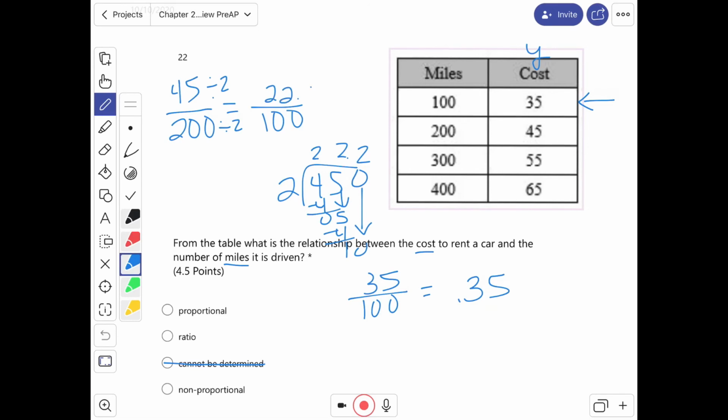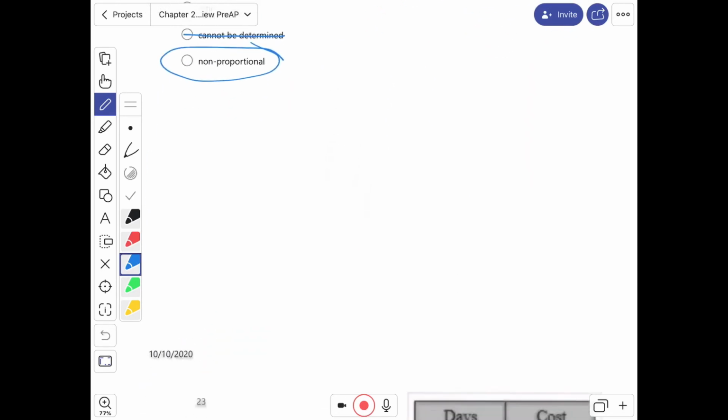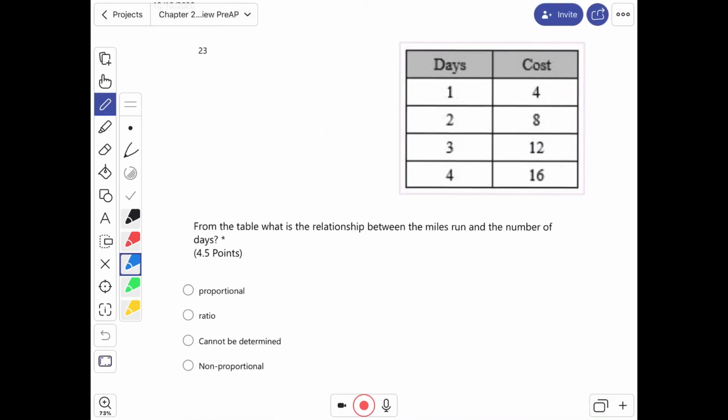So 2.5. So as a decimal, that would be 0.225, which is not the same as 0.35. So since they are not the same, they are non-proportional. Next.